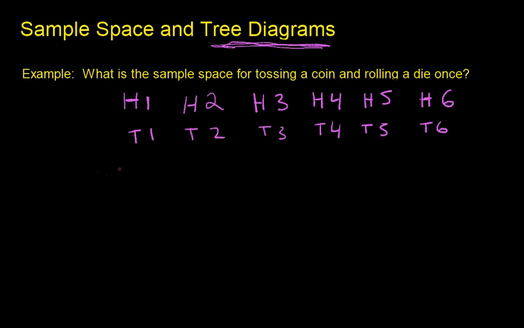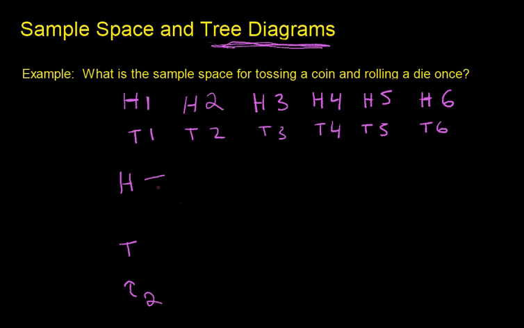So in a tree diagram, the first branch could be either the tossing of the coin or the rolling of the die. So I'll make it the tossing of the coin. Listing all the possible outcomes for tossing a coin, you could have gotten a head or you could have gotten a tail. So there were 2 possible options when you flipped a coin.